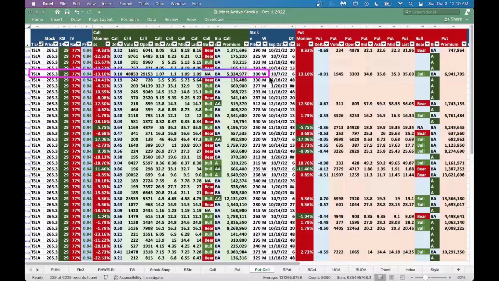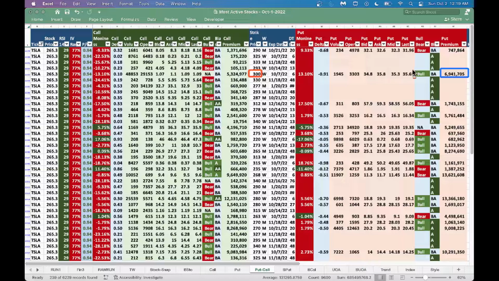On the put side also, look, there is a nice 6.9 million premium here for a put option with the 300 strike price. Probably somebody's thinking stock will go higher.